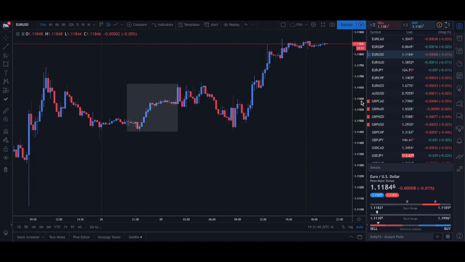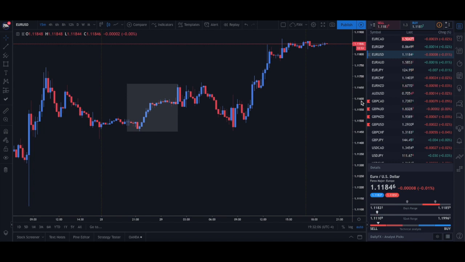So with that said, when we talk about trading the U.S. session, we have to obviously go with pairs that are active during that session. And that, of course, is going to be the pairs that have the US dollar in them, right?